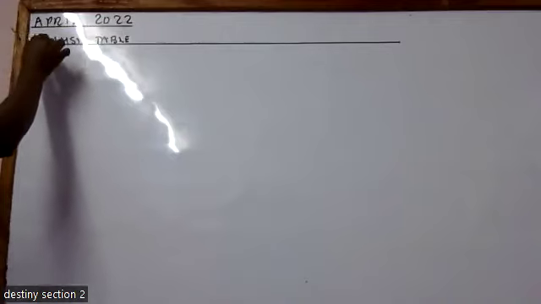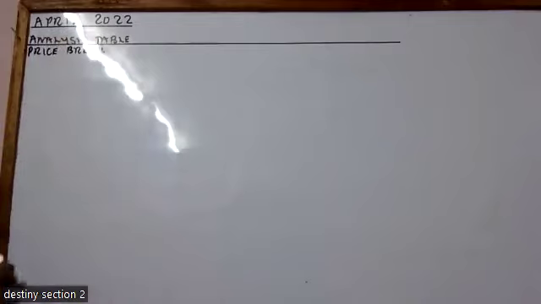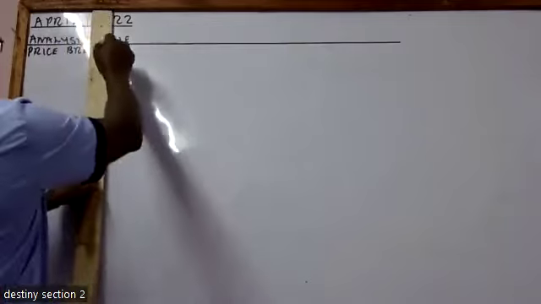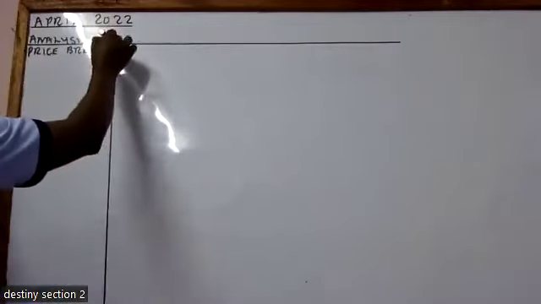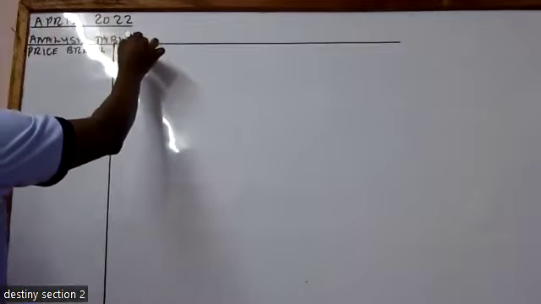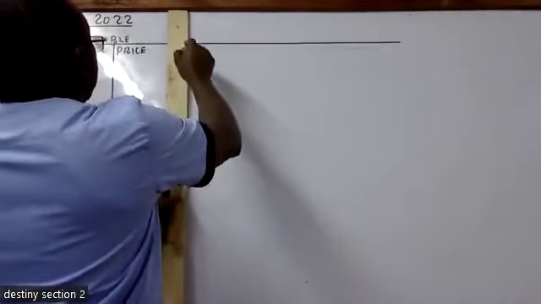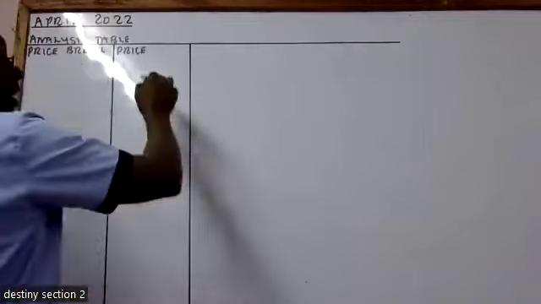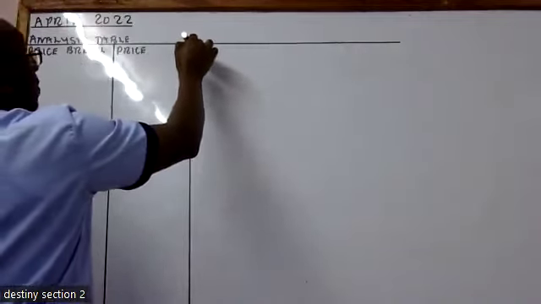we have what we call the price break, or the level of purchase. Then we have the price. Then we have what we call EOQ.